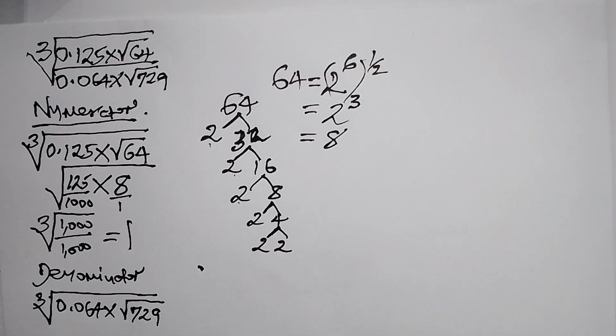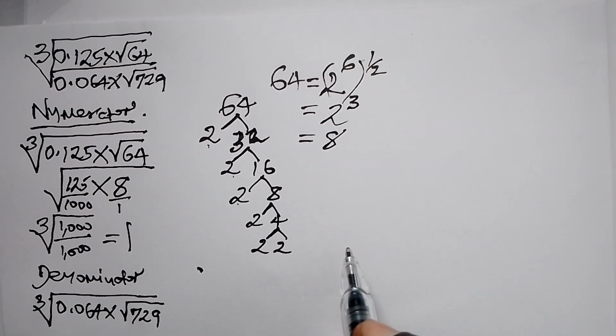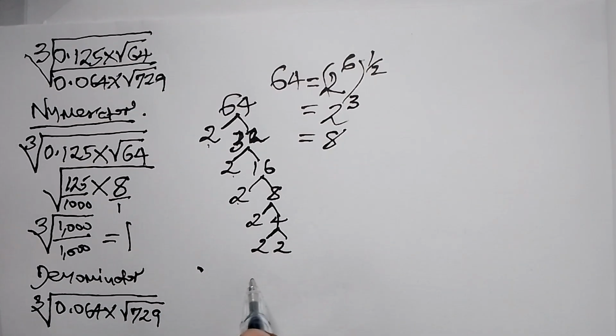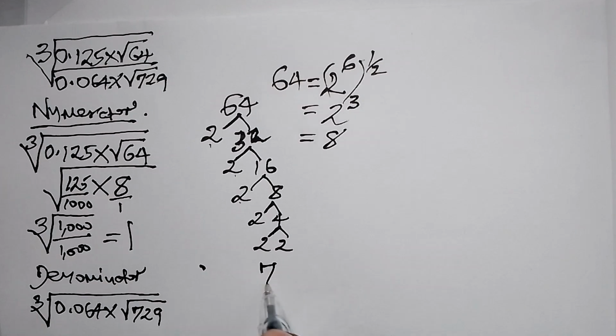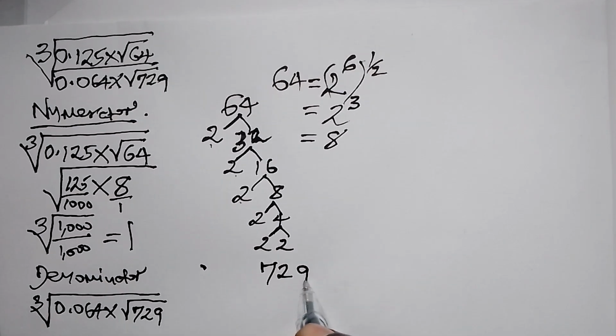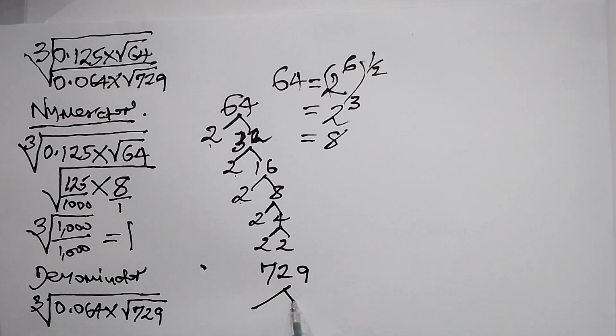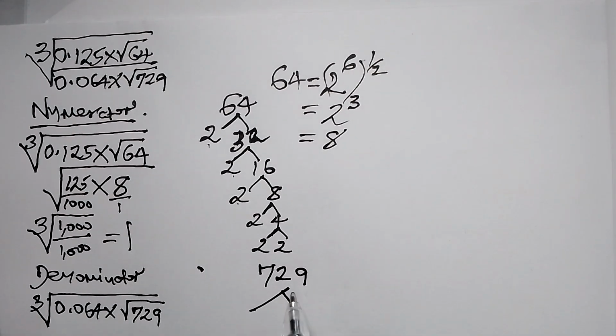Again, we can use the factor method to get the square root of 729. We have 729. We can write this in factor form as what? 9 is a common factor.